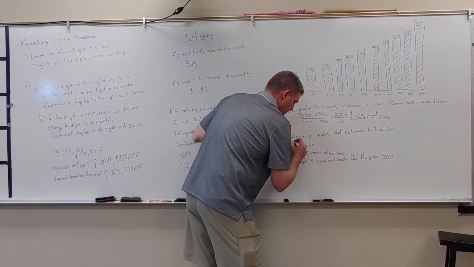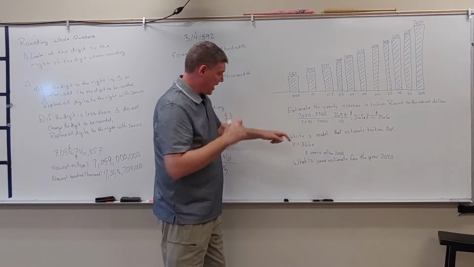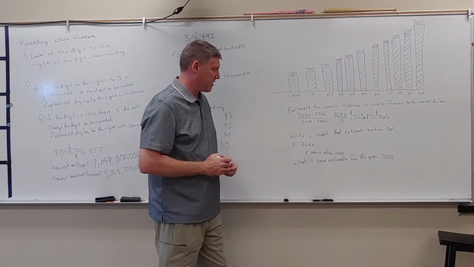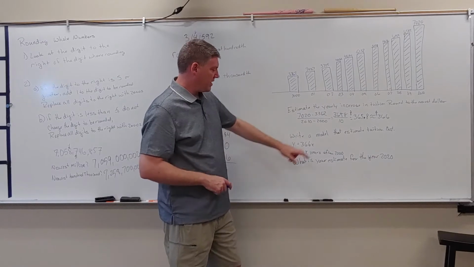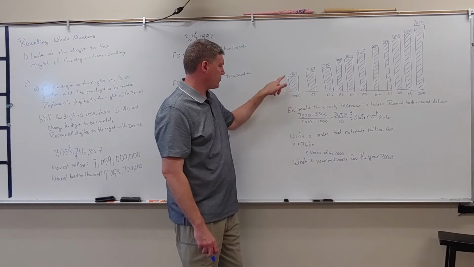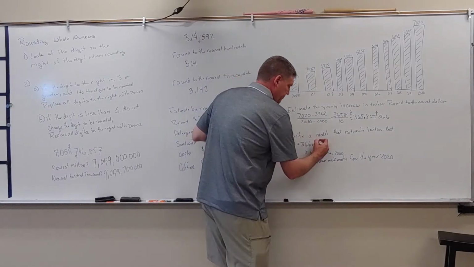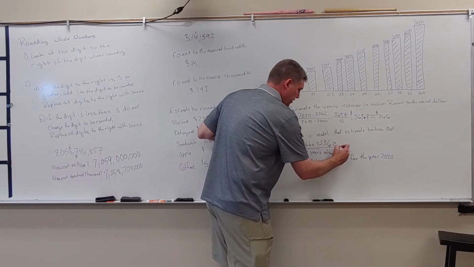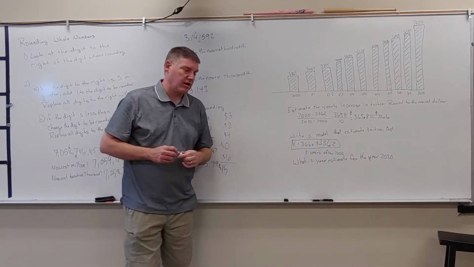So how many years are after 2000? I don't want to put in 2000 here, or 2015 or something like that. And then where did I start at? What value did I start from? Well, I started from year 2000, so I need to add in my original tuition cost. And so this is going to be my mathematical model there.